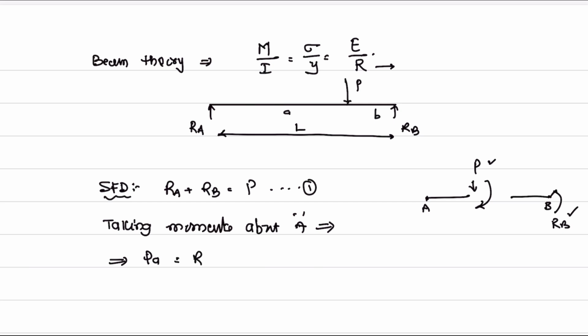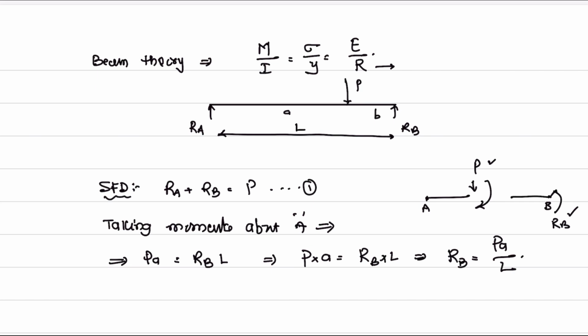That is equal to RB into L. That means P into A is equal to RB into L. That means reaction at support B, RB, is equal to PA by L.